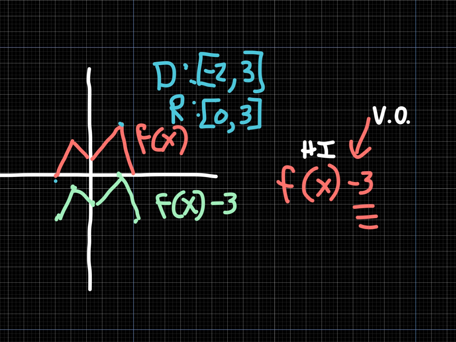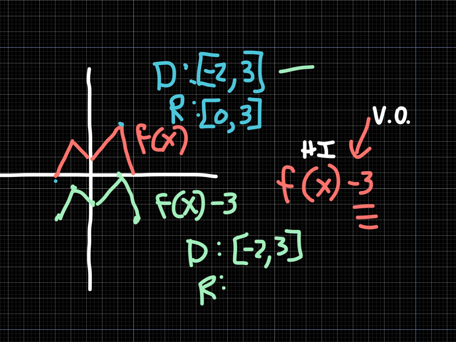Now what's the domain and the range of this new shape? The domain is the left to right. It's still the same. The furthest to the left this goes is -2. And the furthest to the right it goes, it's right there, and that's 3 spaces to the right. So -2 to 3.